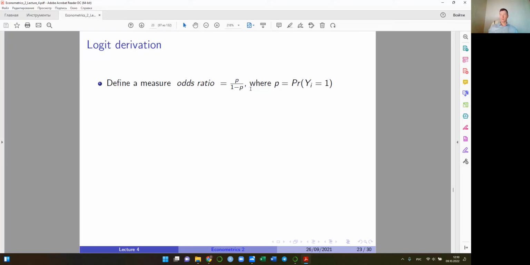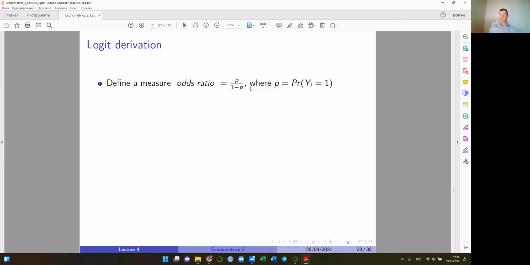Or when you are thinking about your beloved football team, and the chances that they are going to win. You can also say something like, well, there is 20 to 1 that they are going to win, which means that there is a probability of 20 over 21 that they will win, and 1 over 21 that they will lose.